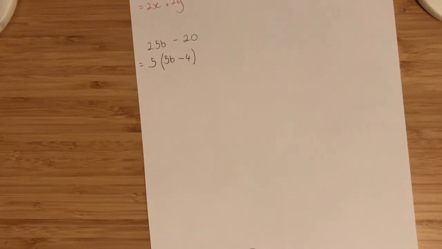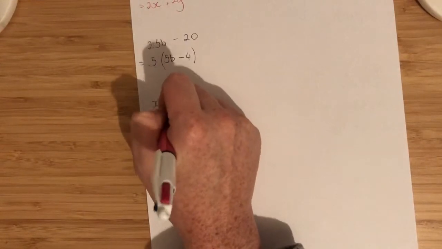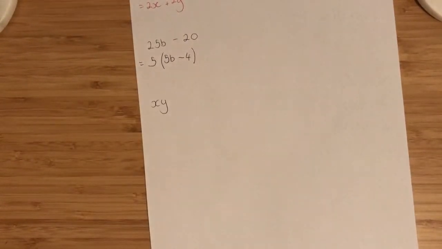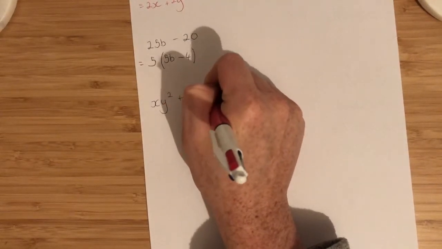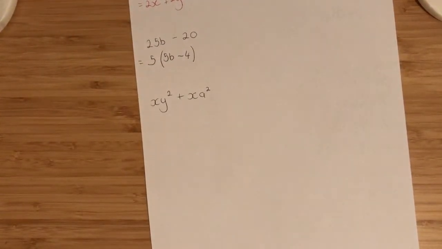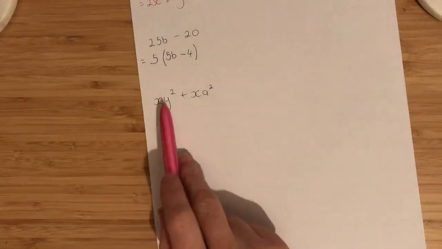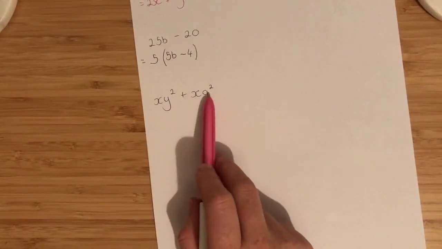Okay, let's look at one that might have some of the variables in common as well. Let's look at this: xy squared plus xa squared. So actually no numbers in this one at all, but do we have anything that's in common? A highest common factor?